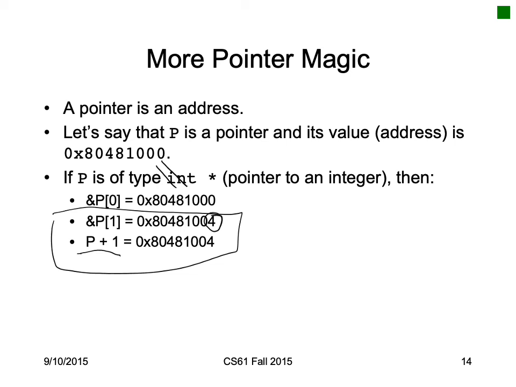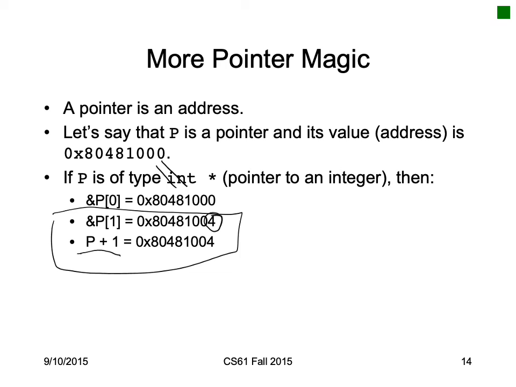So remember that a pointer is merely an address. Let's imagine that we have a pointer p, and its value, that is the address that p contains, is this 32-bit number. If p is of type int star, that is, it's a pointer to an integer, then just like we saw on the last slide, the address of p sub 0 is exactly the same as p, so these two are equal.